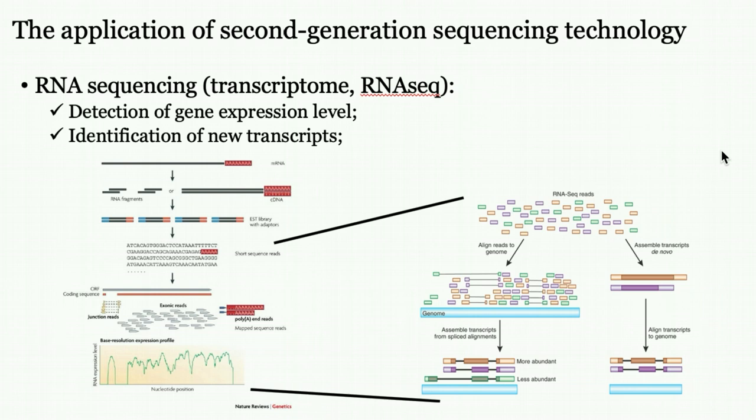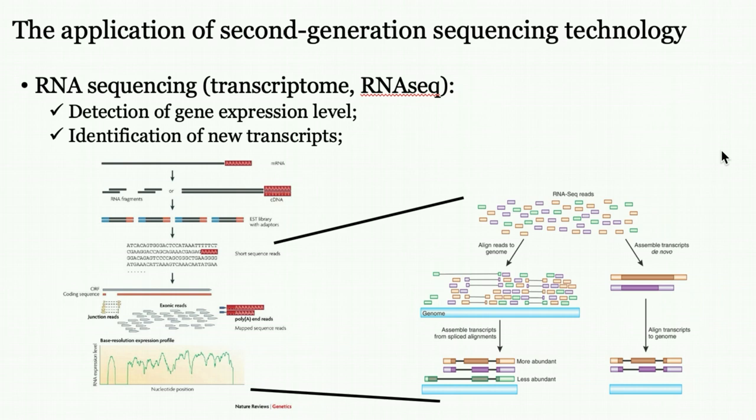Based on RNA sequencing, we can measure the expression level of specific genes. Imagine that there are two genes. One is highly expressed, and one has a low expression level. For the highly expressed one, you have many copies of that mRNA. So if you convert that into many copies of cDNA, that gene is going to have many sequencing reads. When you map those reads back to the genome, highly expressed genes will have very high sequencing depth.